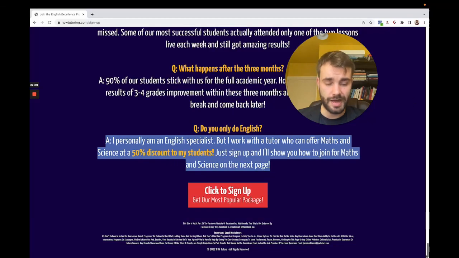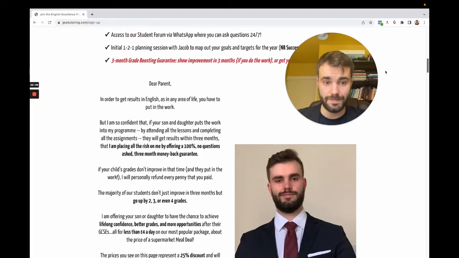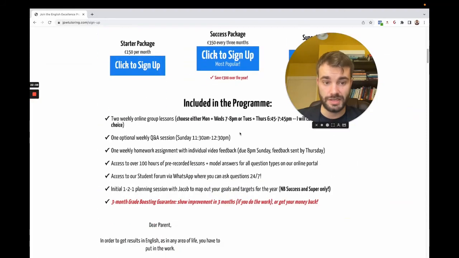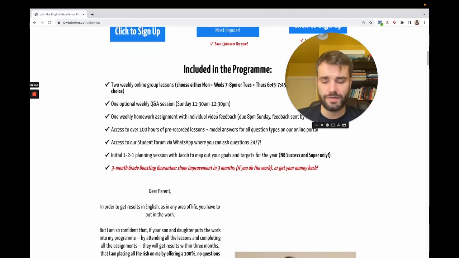Hope to see you there, and I hope that you take action and that you actually implement the methods we've been learning. So I hope you can see how learning in this way, using these steps, is going to help you to achieve the grade you want, to achieve the lifetime benefits of actually getting to a higher grade, getting to a grade 8 or 9, so you can benefit during your university, during your work, during your whole life, essentially for the price of about a supermarket lunch every day, about £4 a day.